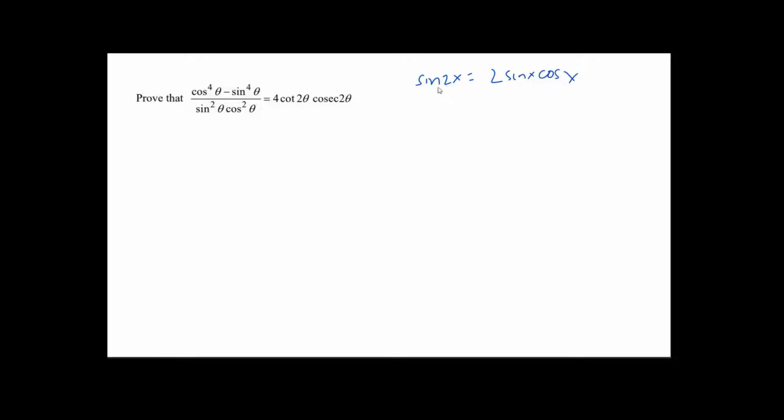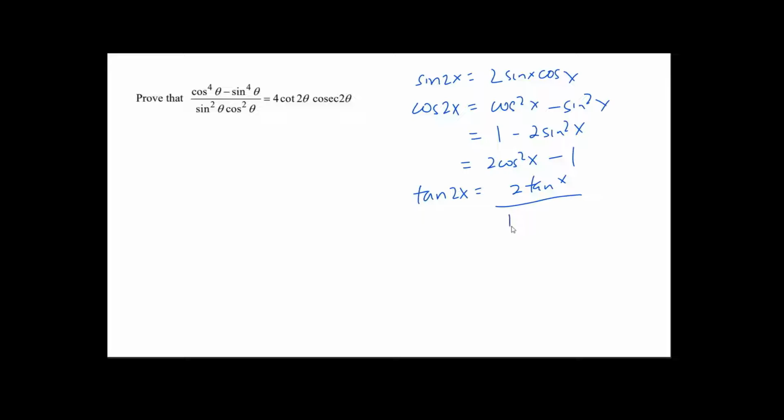We also have another double angle formula, cosine 2x, which equals cosine squared x minus sine squared x, which also equals 1 minus 2 sine squared x, which equals 2 cosine squared x minus 1. We also have tangent 2x equals 2 tangent x over 1 minus tangent squared x. These are the formulas that you see in your formula booklet.